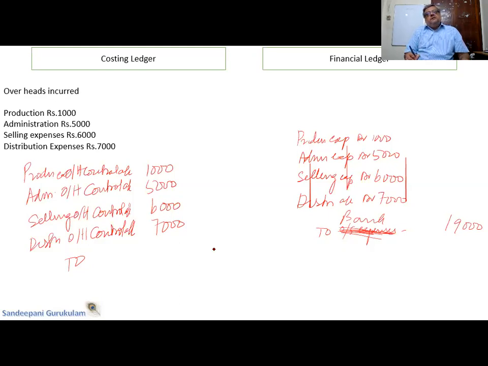So you have a real account or a personal account here: general ledger control account 19,000. We're able to get it. So far so good.